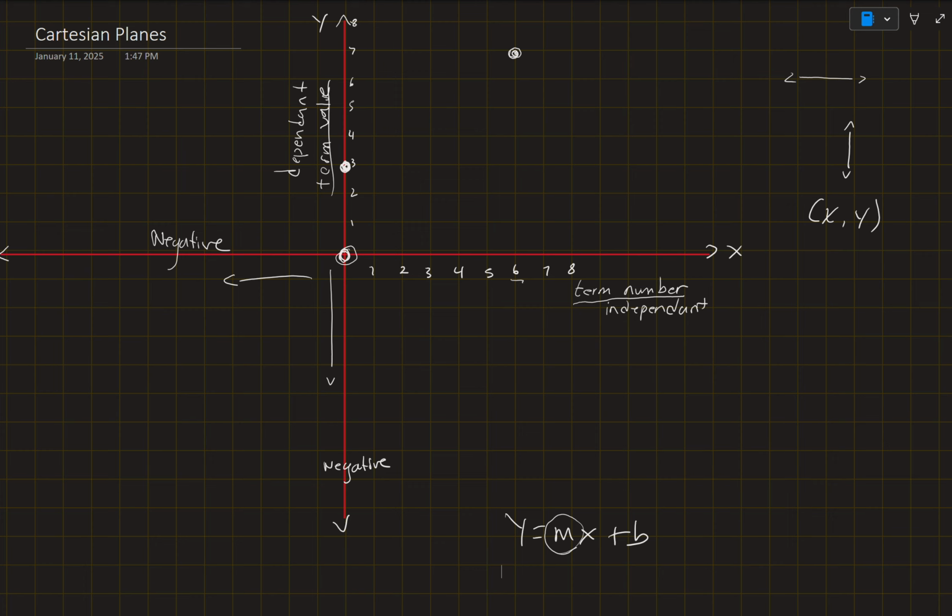So to figure out my m, my constant rate, I have to do y2, my highest y value, subtract y1, my lowest y value. And then I divide that by x2, my highest x value, subtract my lowest x value. Sorry, this should be 1. So my highest y value is 7.